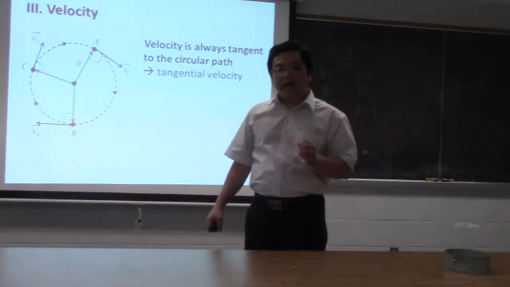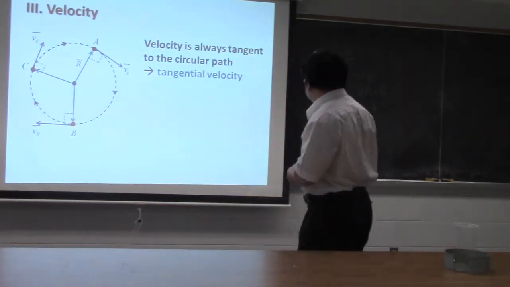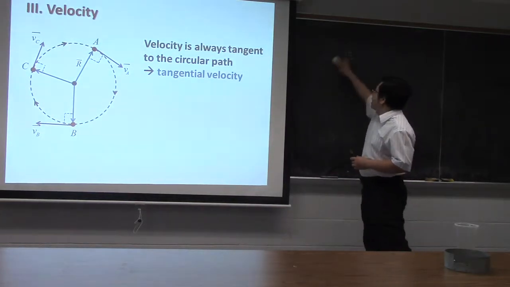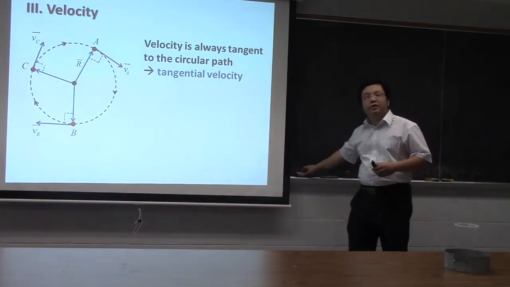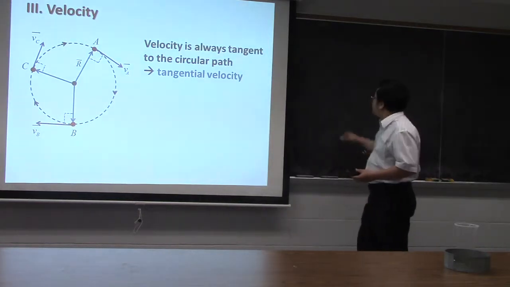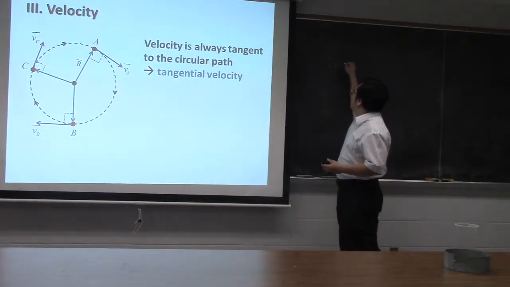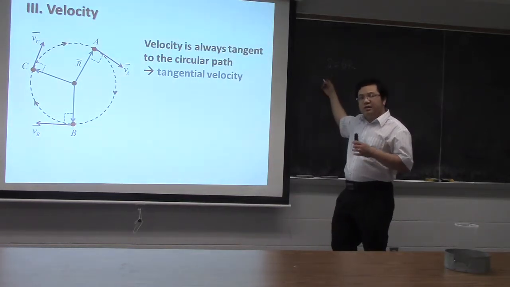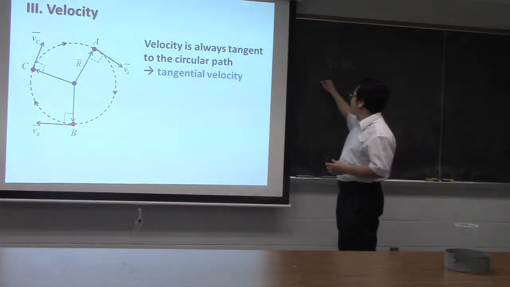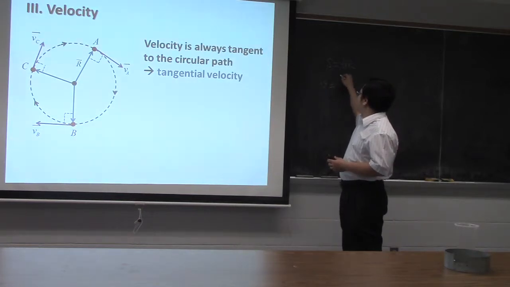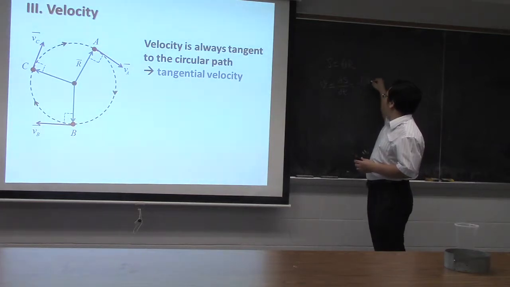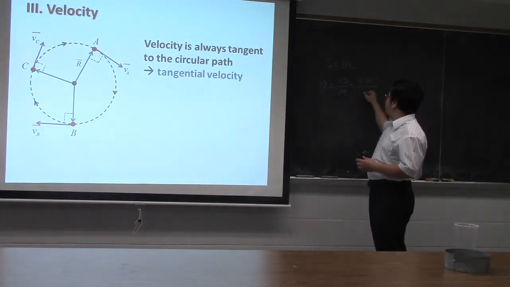Now, let's look at the magnitude of velocity. You know that velocity is the rate of change in time of displacement or distance. So I have distance s equals theta r. I'm going to take the time derivative of it to get velocity. ds over dt is d of theta r over dt.